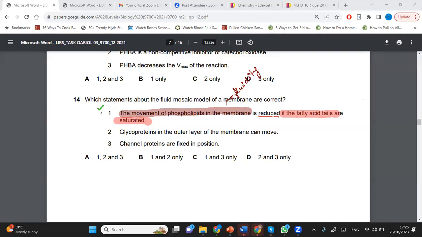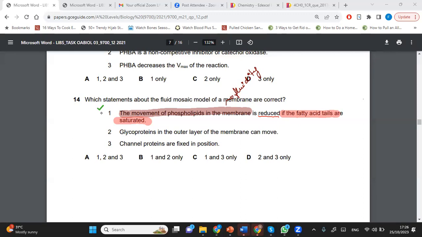Is this something that is correct? Is that something that actually happens?